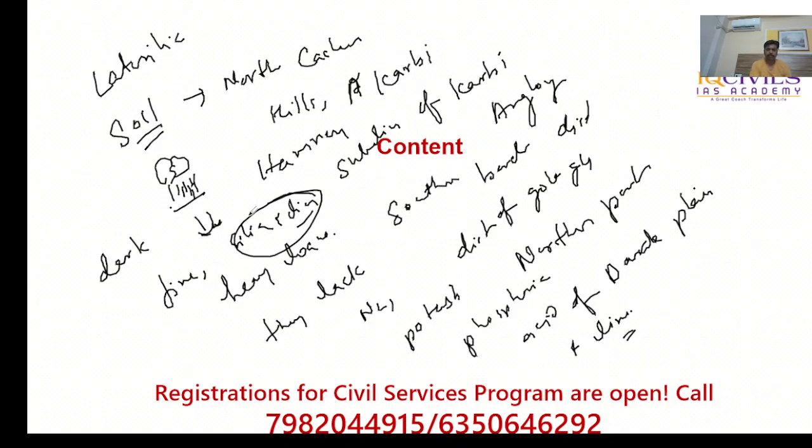That's why they lack nitrogen, potash, phosphoric acid, and lime. Okay, they are very hard soil. Lateritic soil is very hard soil, not suitable for agriculture. So this is all about the soils of Assam.